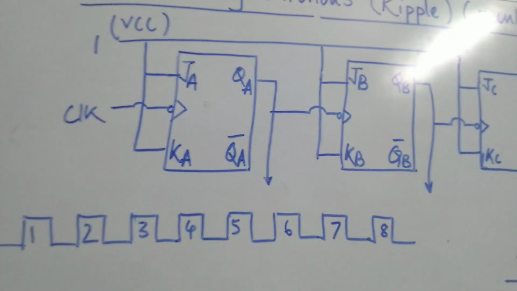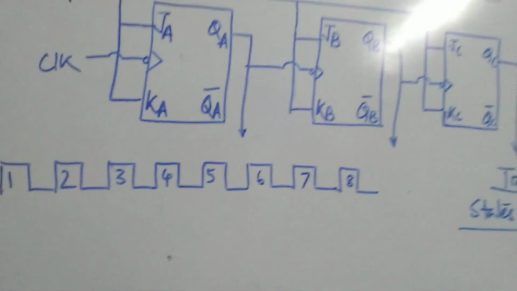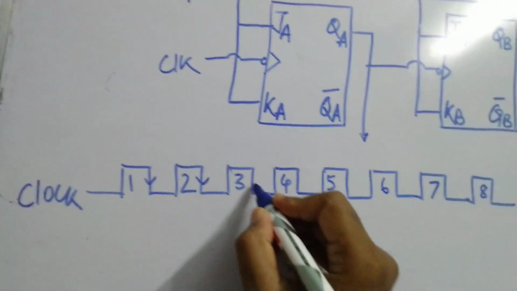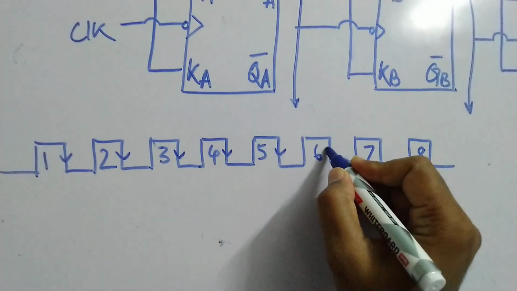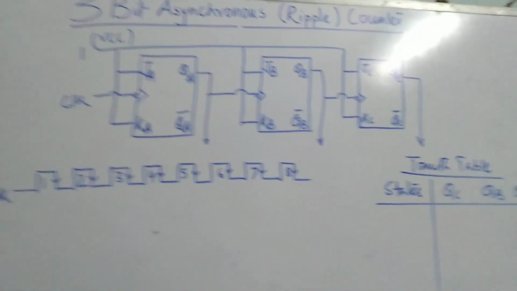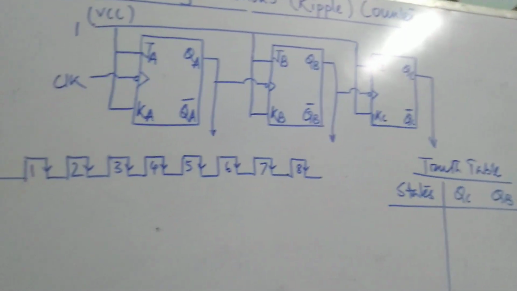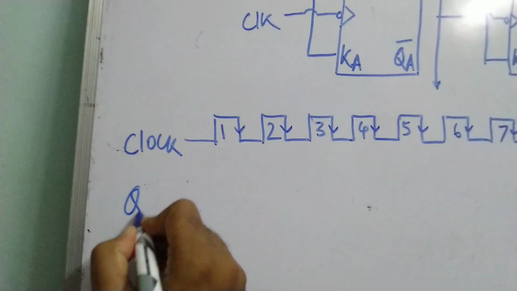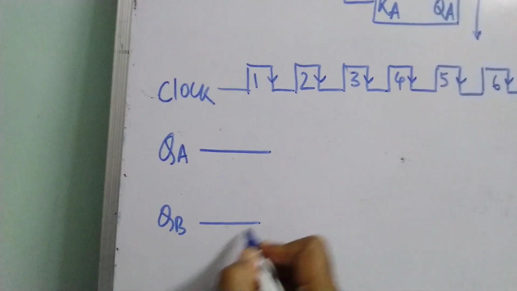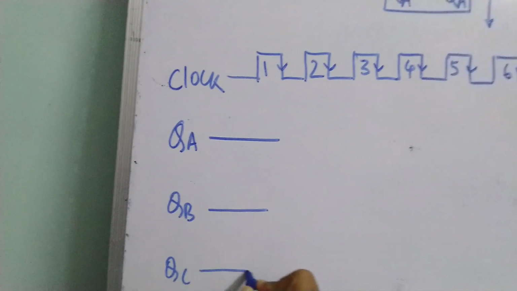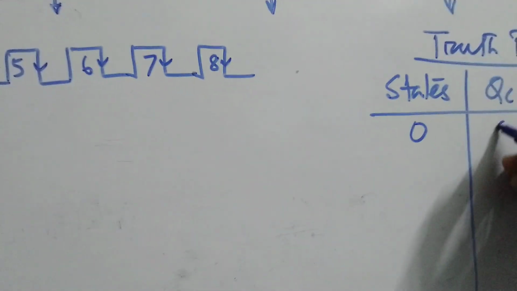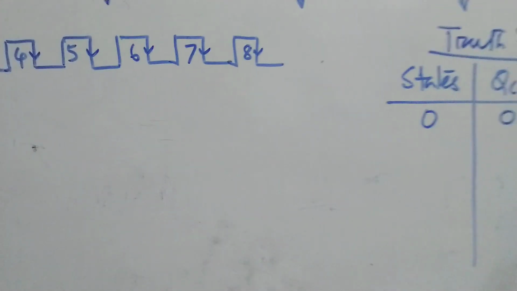We have chosen a negative edge triggered clock pulse, so we count all the time at the falling edge of the clock pulse. We assume initially the output of all the flip-flops is 0. So QA, QB and QC are 0. Now state 0, all the flip-flop outputs are 0.